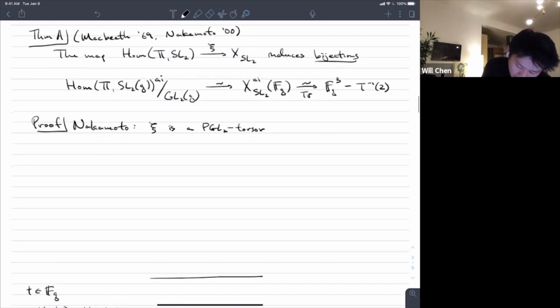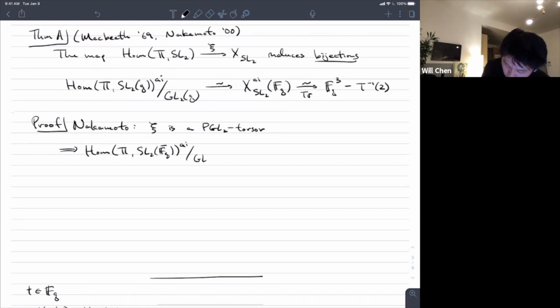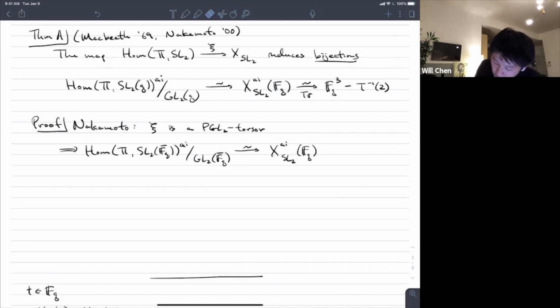Okay, and so what this implies is that immediately you have a bijection at the level of geometric points in the following sense. If you look at SL2 FQ bar, AI mod GL2 FQ bar, then this is in bijection with the FQ bar points. This is basically the point that it's a geometric quotient.